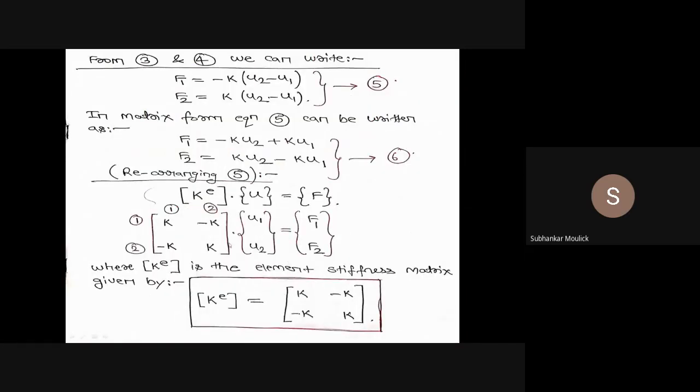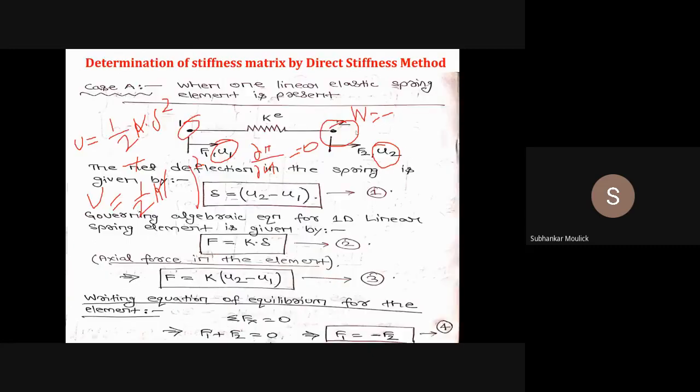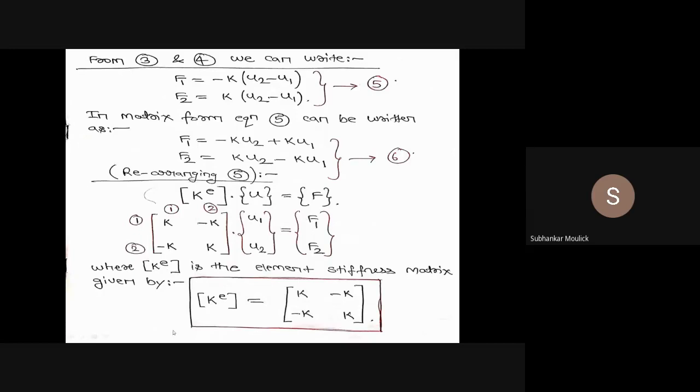Then write it in matrix form. Ultimately, whether you use the potential energy approach or the direct stiffness method, you will get the same global element stiffness matrix. There is no change in the expression, but the way of solving the problem is different. Are you getting my point?